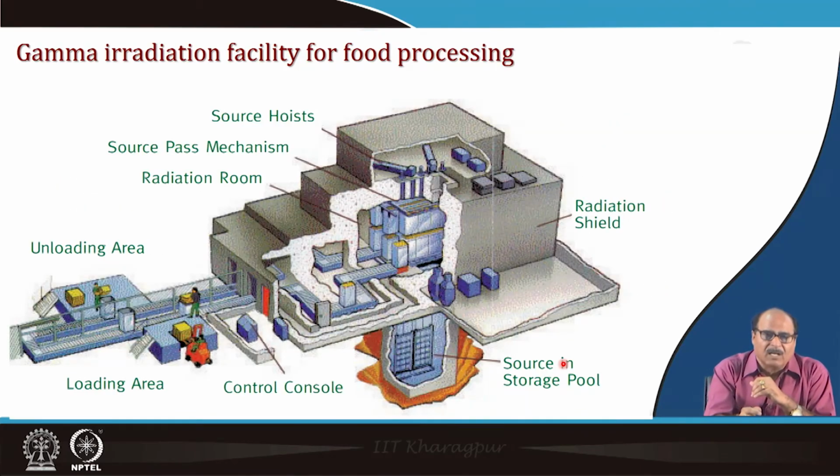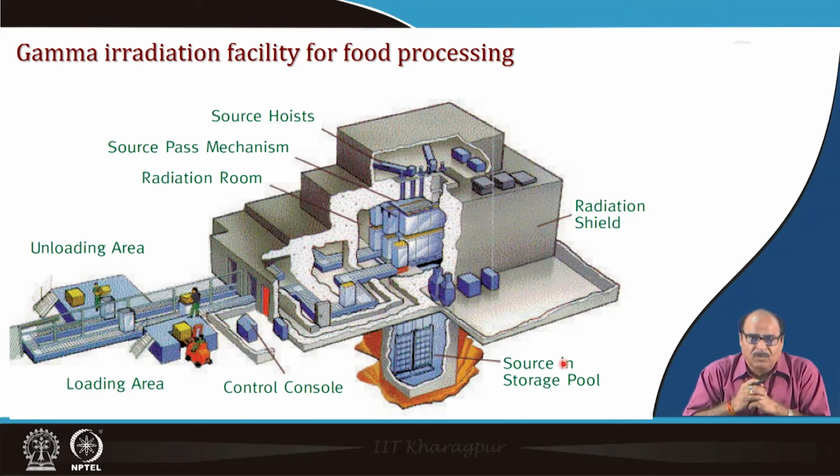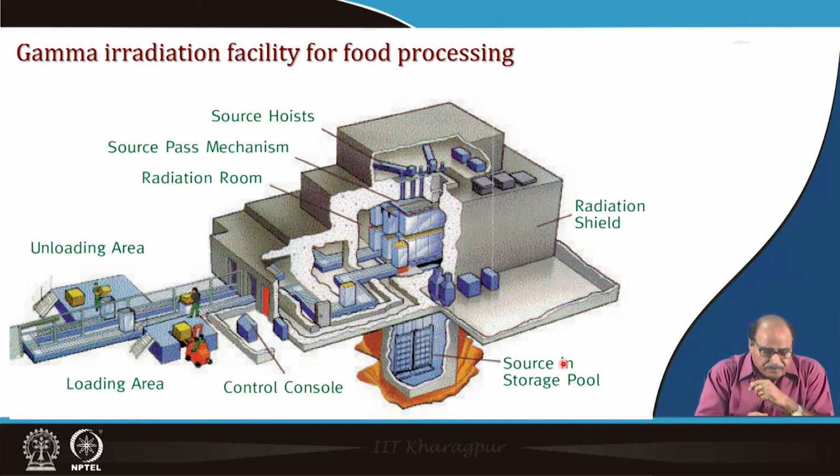Okay. This is the gamma irradiation facility in India. There is a facility in Lasalgaon, and there is a facility in BARC. So, in this facility, you can say it is gamma irradiation. This is the storage area, in which the radioactive material is kept in a pool of water. Then there is the loading area, where the food, in packaged or unpackaged form, is loaded.